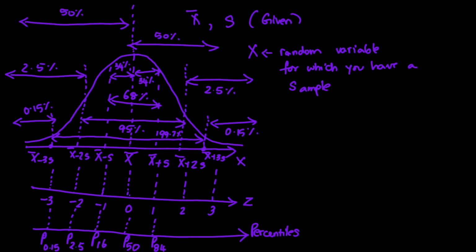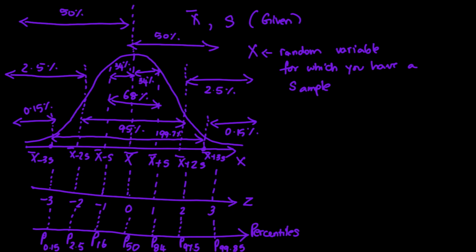Hence, 84% of the observations must lie below x bar plus s. Therefore, x bar plus s must correspond to the 84th percentile. And if you carry this process onward, you'd find that that is P99.5, and that would be P99.85. And that is the empirical rule.